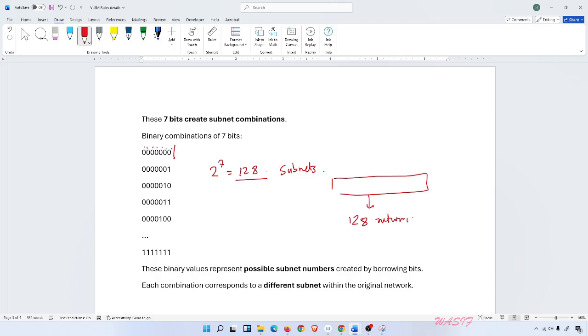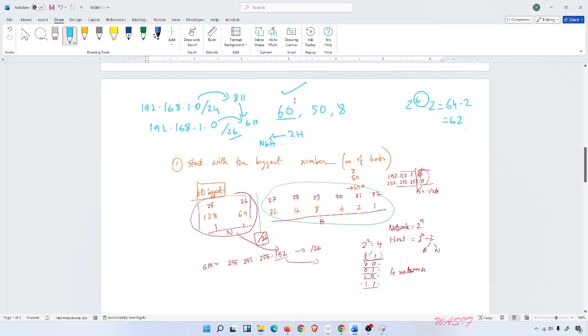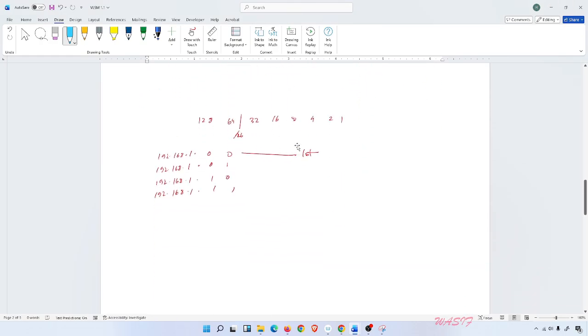So with 2 bits, you can create 00, 01, 10, 11. That is 4 combinations. The formula is 2 to the power of the number of bits. So if you look here, when I go from /24 to /26, I get these 4 combinations.